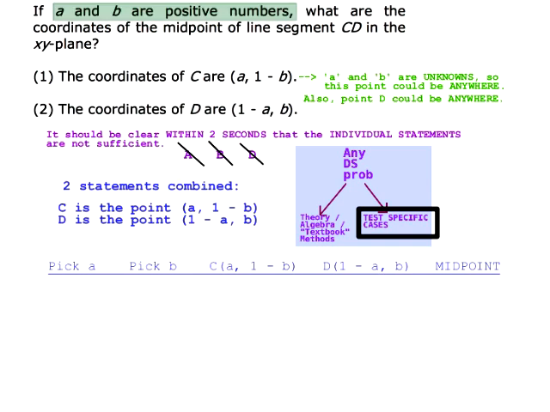Let's start by picking random A's and B's. So if we had, sure, 2 and 5, then A, comma 1 minus B is 2, negative 4.